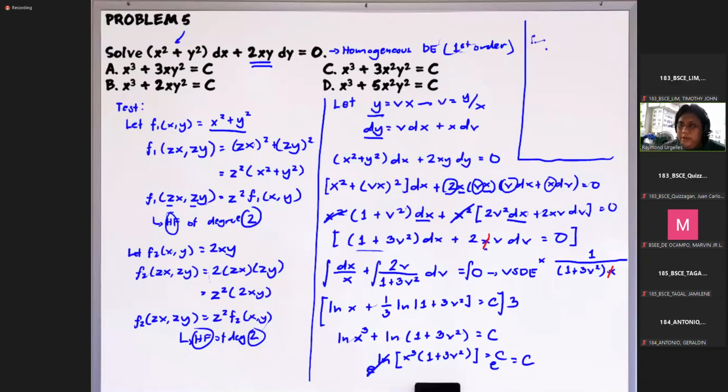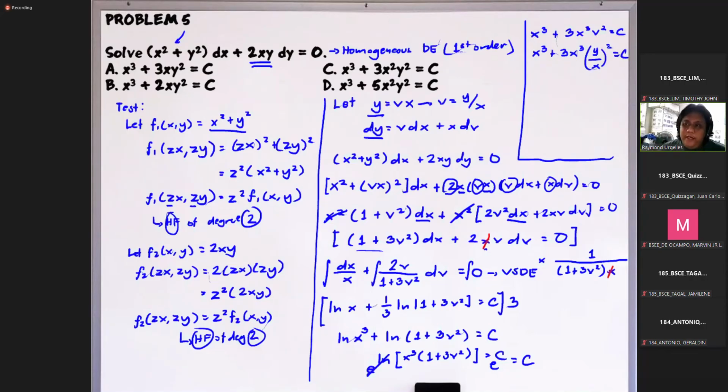So you will get x cubed times 1, that's x cubed. Diba? So then plus x cubed times 3v squared, so that's 3x cubed v squared. So then this is equal to a constant. Diba? So then this will be x cubed plus 3x cubed multiplied by y over x, this quantity squared, equal to a constant.